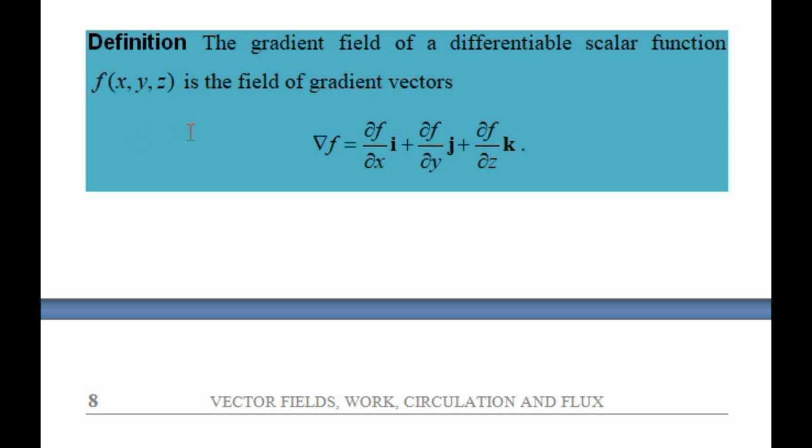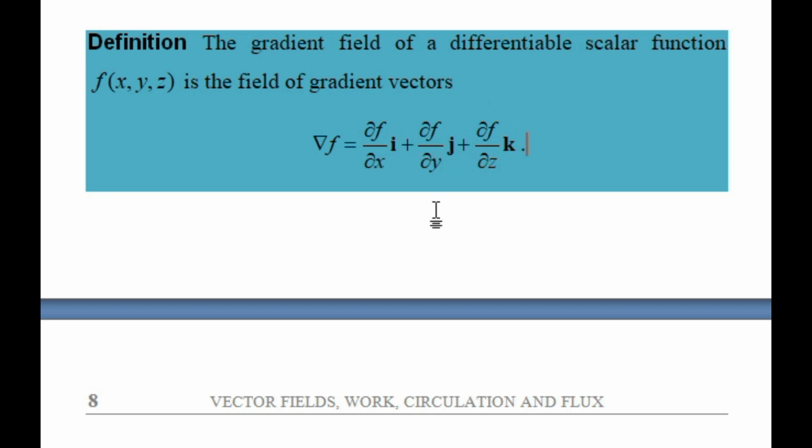See, f of x, y, z is a scalar valued function, and we take the partial derivative of f with respect to x, and we get a scalar. Partial derivative of f with respect to y, we get a scalar. Partial derivative of f with respect to z, we get a scalar.